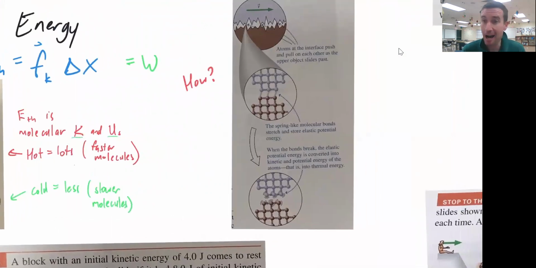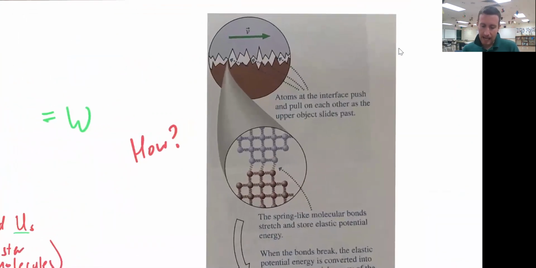All right, so how does that work? How does friction lead to these faster or slower moving molecules? Well, we've already said that at the interface of two objects moving past each other, there are these jagged sections, and I think it was about 1/10,000th of the points that would actually hit.